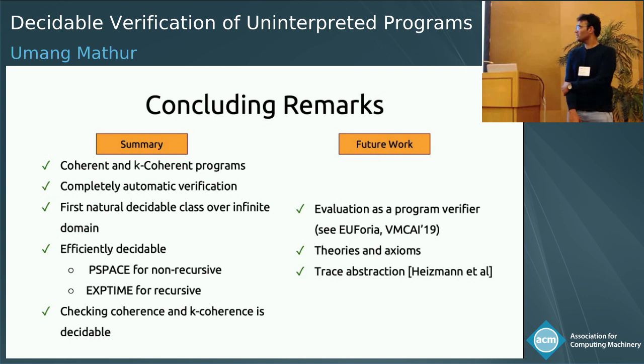On that note, we also think that you can also analyze non-coherent programs, and by that I mean if a technique says that the program is indeed correct, then it might mean that the program is indeed correct. So it's a sound abstraction.